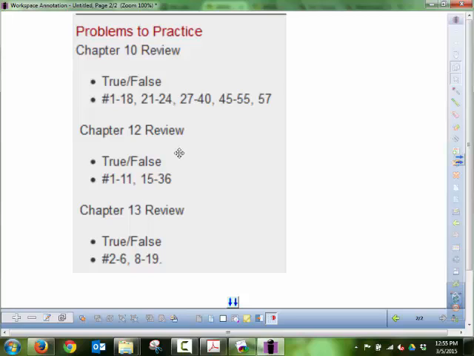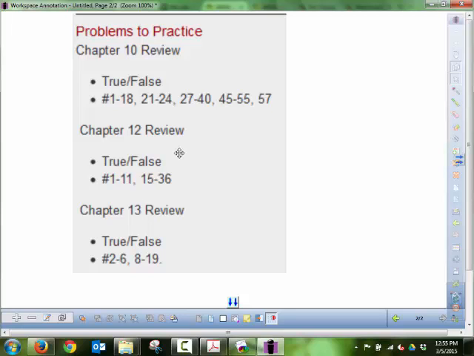So I've cut back on take-home portions of things and just kind of expected you to have the basic knowledge of the course so far and be able to explain to me that you can do the basic stuff.